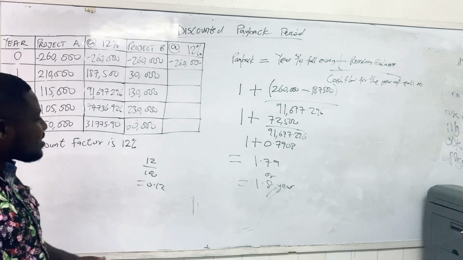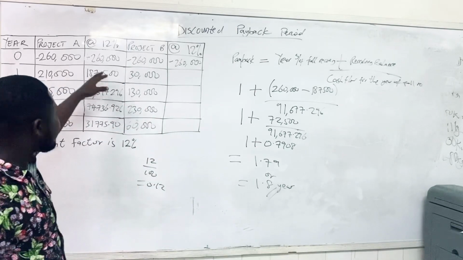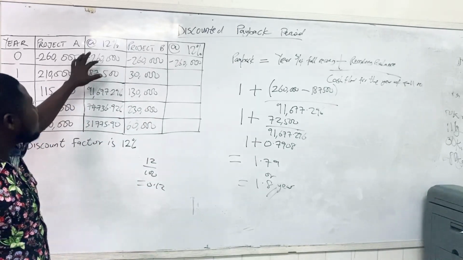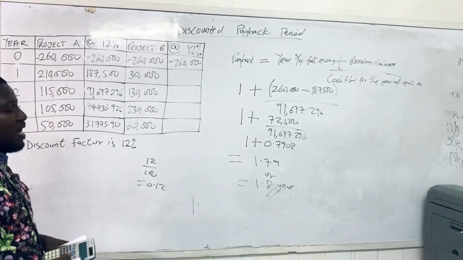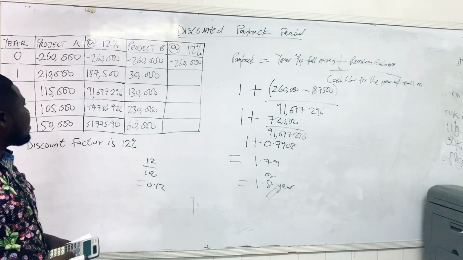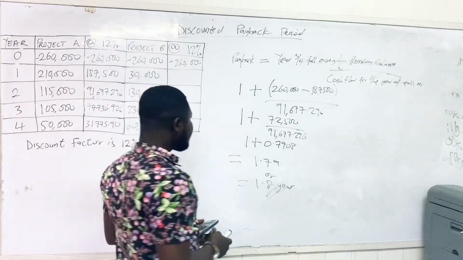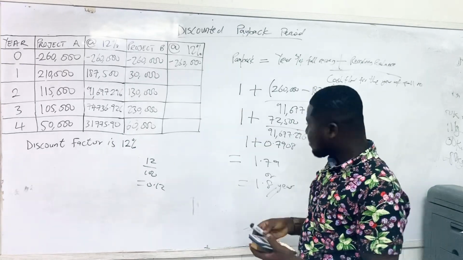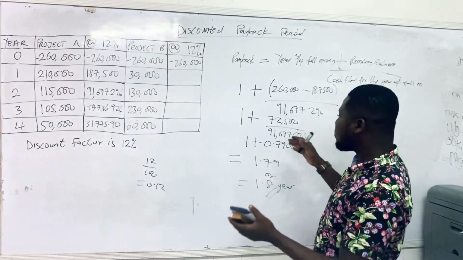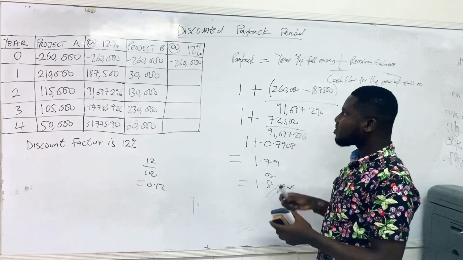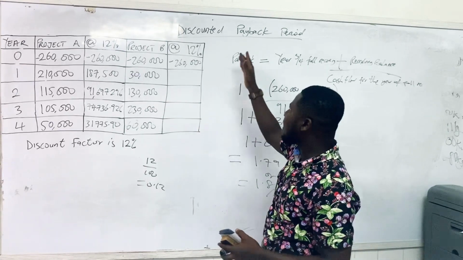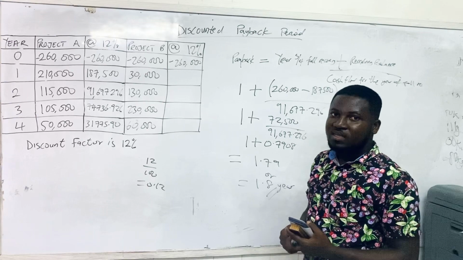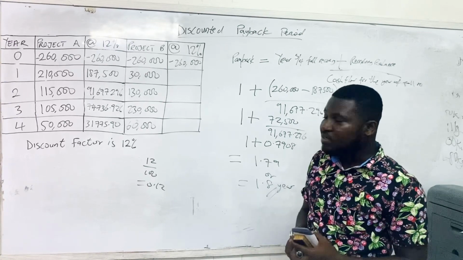And so in less than 2 years, we are going to recover our initial investment under Project A. So we can do the same for Project B in that order. Then we'll get to know which of these projects under the discounted payback period is more attractive for us to accept.